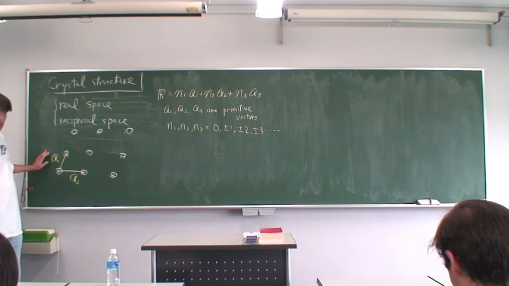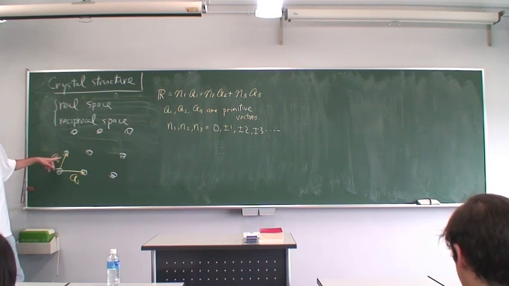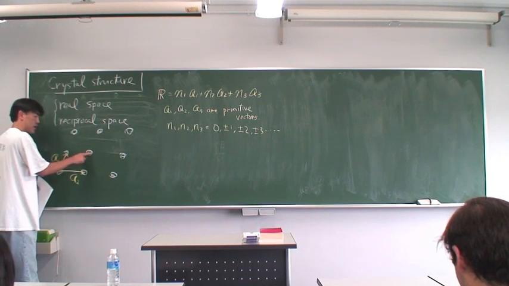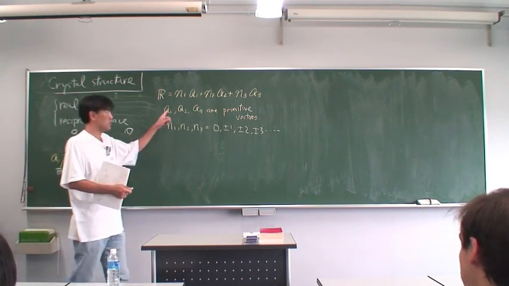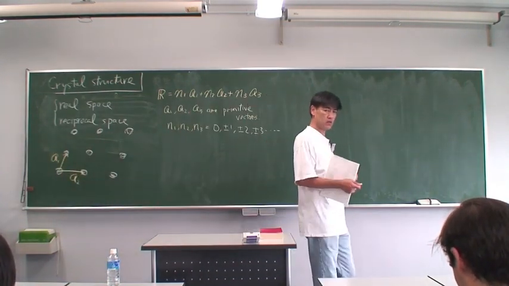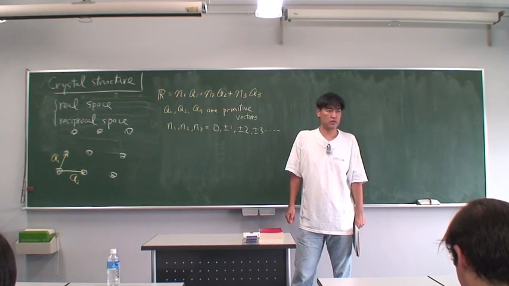So let me start with 2 dimensions. A crystal that has periodicity is defined as the following. In 2 dimensions, we should be able to define 2 primitive vectors that allow us to describe every lattice point as a vector sum containing integers in front of these primitive vectors.